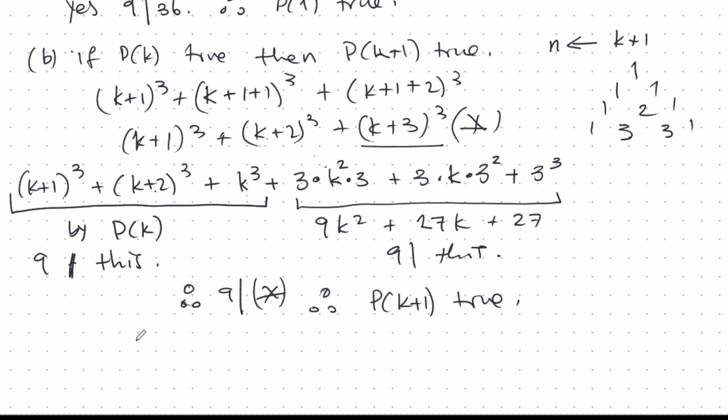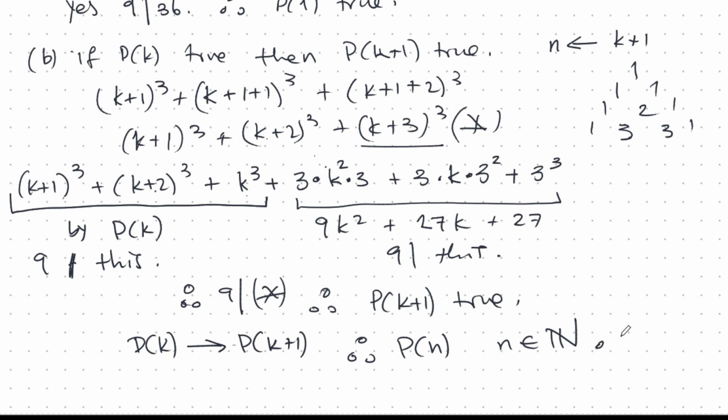So we assumed P(k) and were able to show P(k+1) is true. Since we have the base case, this is true for all natural numbers. Ta-da! Very cute proof. I like it a lot.